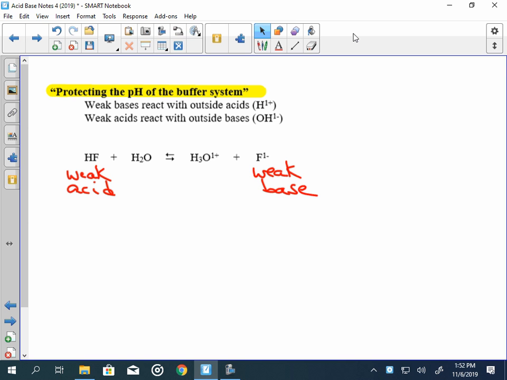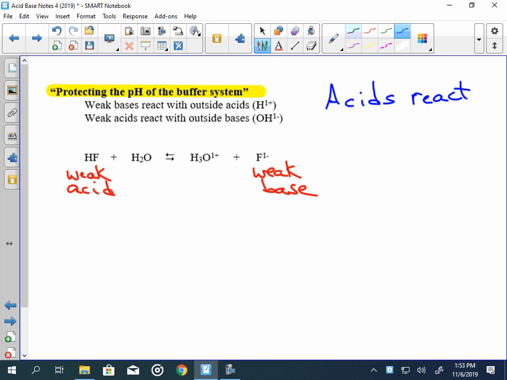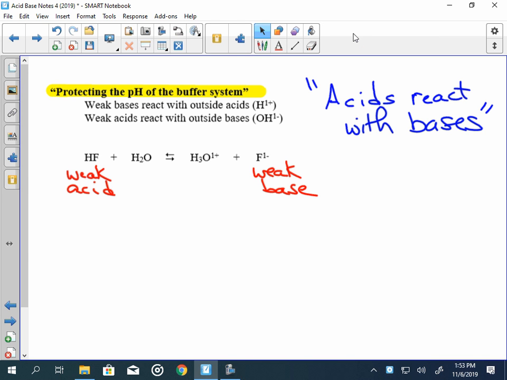What I know, and I've tried to leave space underneath for us, but here's what I also know. Acids react with bases. It's always the acid and the base react. The base and the acid react.